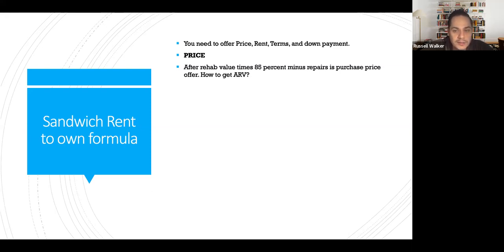The max I would say is 85% minus repairs. That is a purchase price offer. Again, how to get ARV, we talked about that last week in deep detail. And at the end of this, we're also going to go into a property live and comp it live and come up with the offer live here on this call, so you see how it's done.